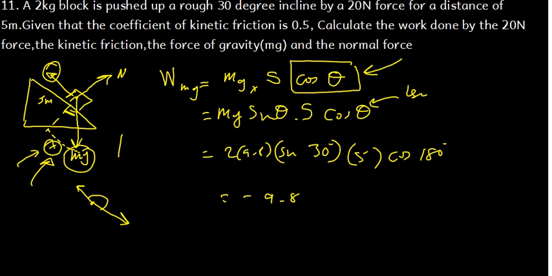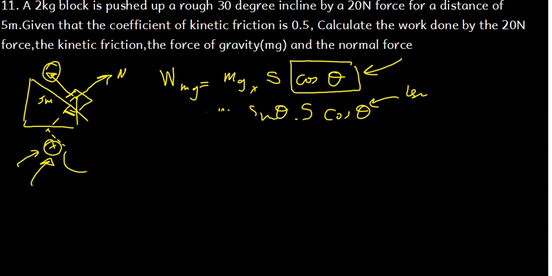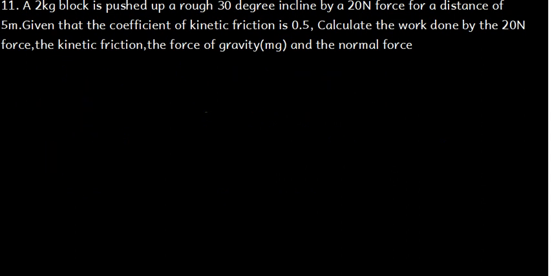Okay, so it is actually negative 49 joules. So the negative sign means the weight is taking this thing in the opposite direction to the direction of motion. And then the last thing is the work done by the normal force.